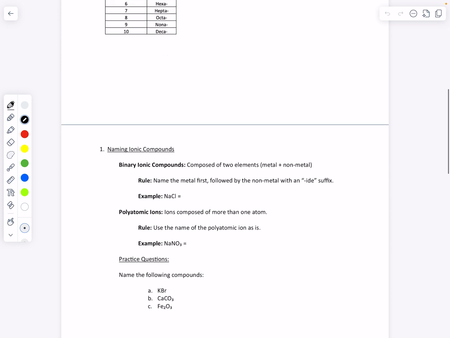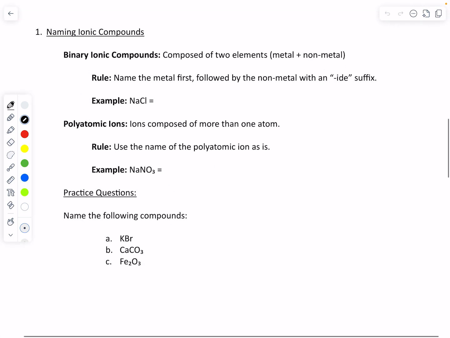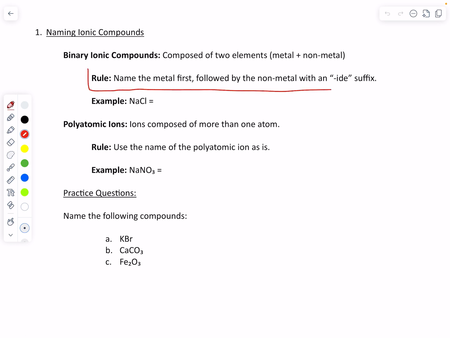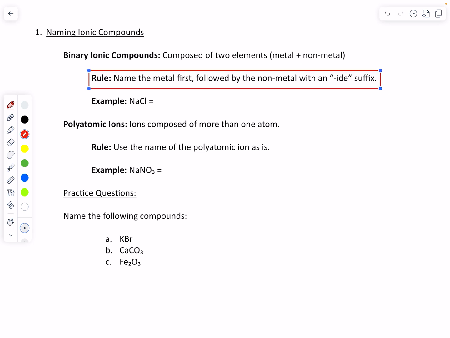Let's start with naming ionic compounds. Binary ionic compounds are composed of two elements, a metal and a non-metal. Here's the rule. Name the first metal followed by the non-metal with an ending IDE.